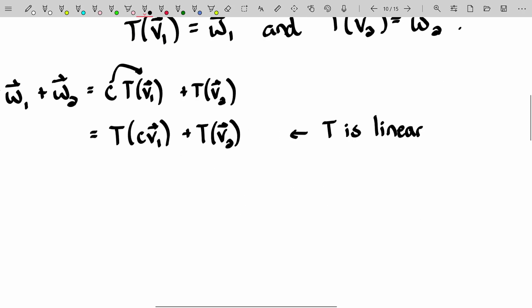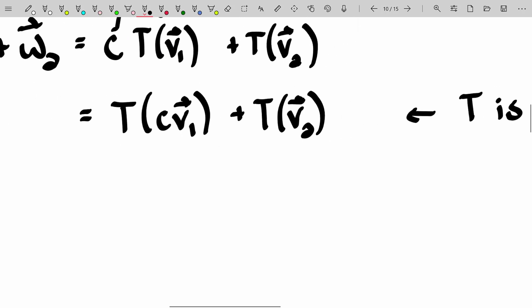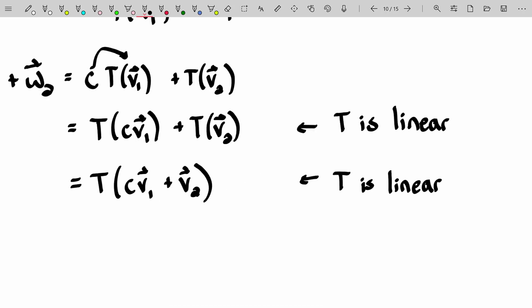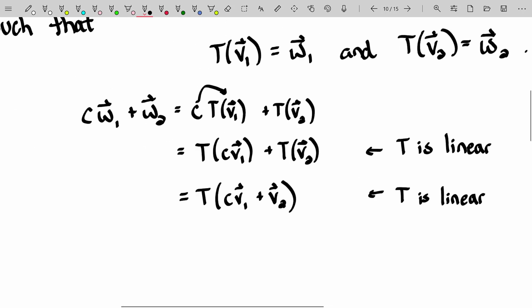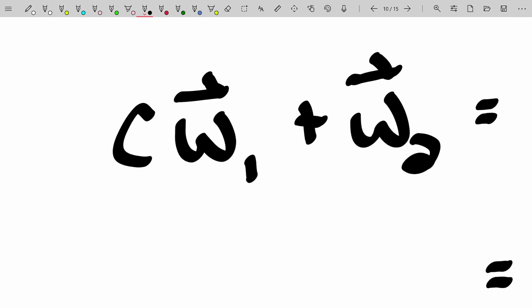Moreover, we could do the same thing with the addition of these two vectors. Since the transformation is linear, T of some vector plus T of some other vector is T of the sum of those two vectors. Now my goal is to show that the sum of CW1 and W2, which are vectors in T of H, is also going to end up in T of H.